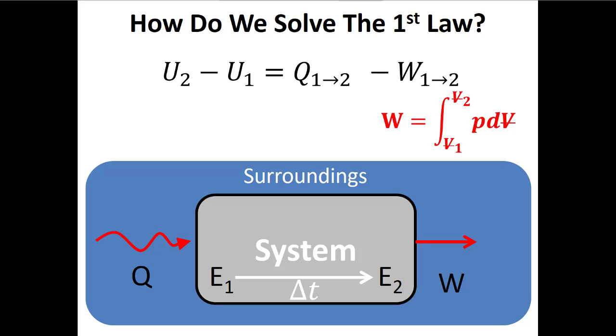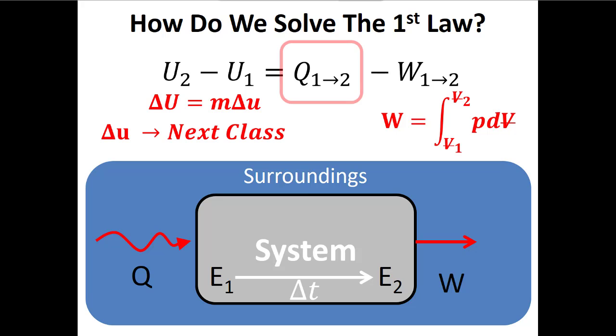So then we know that work is the integral of P dV. We can calculate delta big U, the change in internal energy, as the mass times the change in the specific internal energy. We don't know how to find specific internal energy yet, but we're going to start looking at that next class, which will be tomorrow.